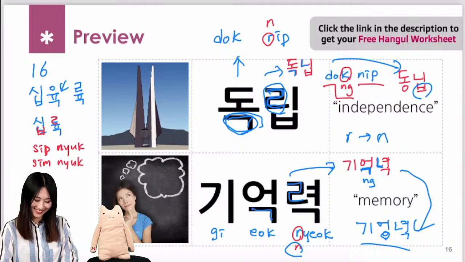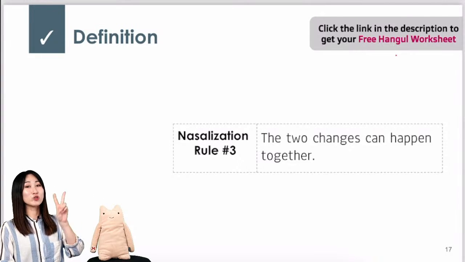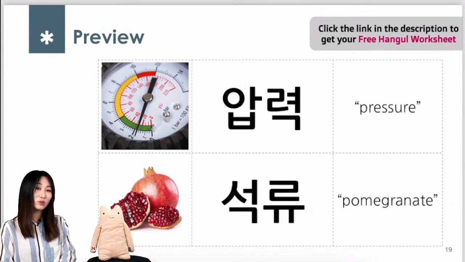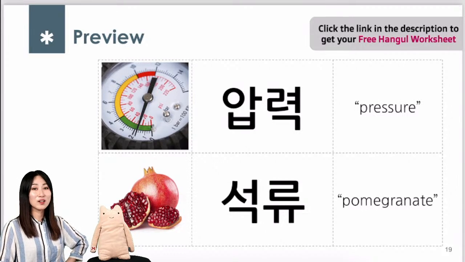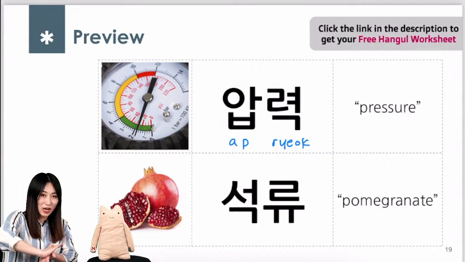Yes. Okay, so rule number 3. The previous 2 rules can happen together. So how about this example? Ta-da! If you read letter by letter, it would be 압력, which means pressure. Pressure, 압력.